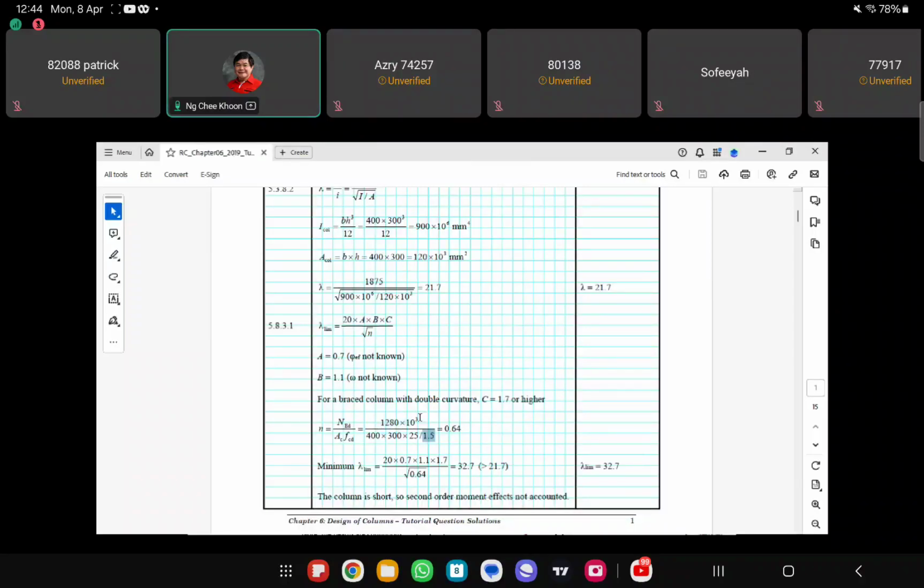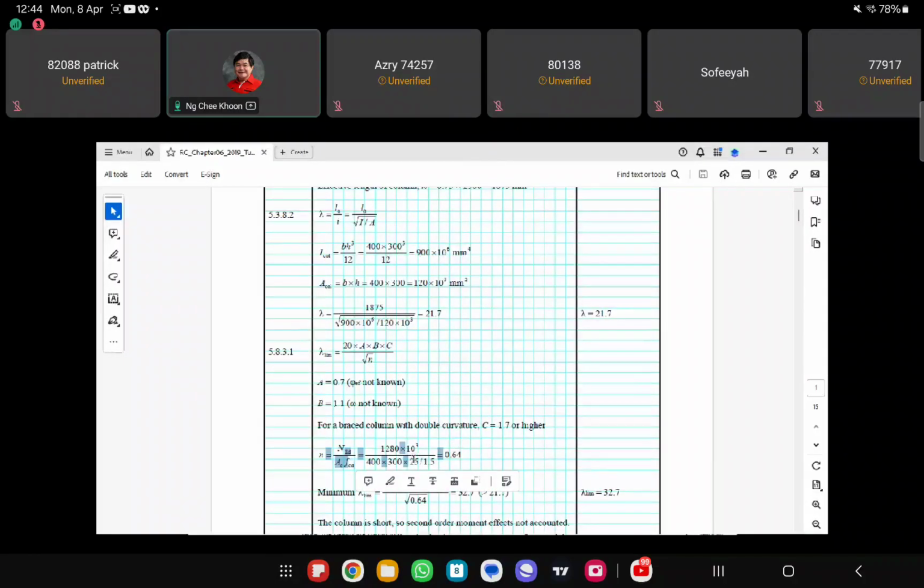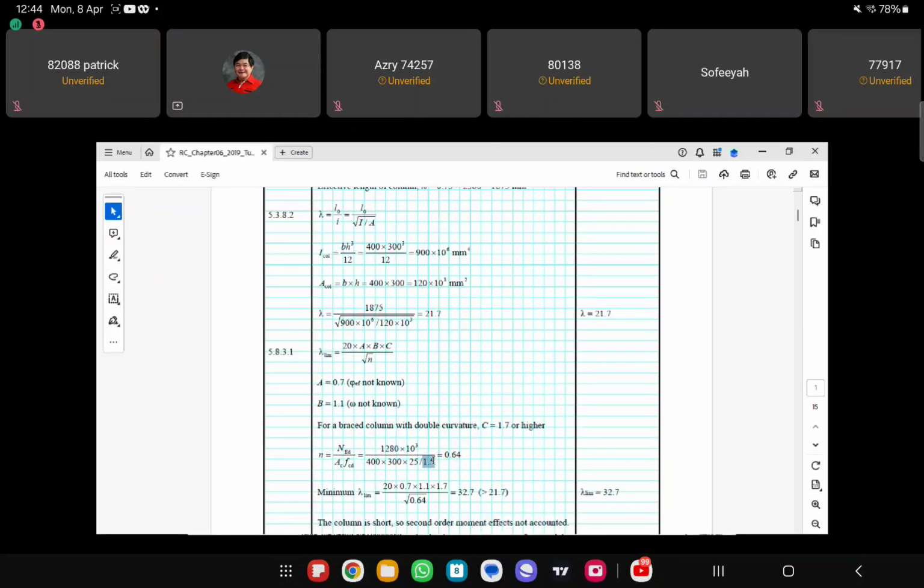So you know the axial force, and you know the cross-sectional area of the column, yeah? And then the design strength is just the characteristic strength over the partial safety factor. So normally for concrete in compression, the partial safety factor is 1.5.